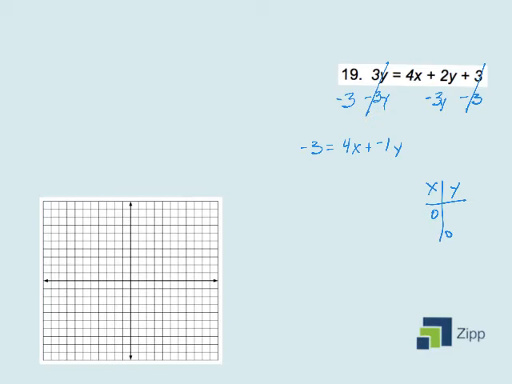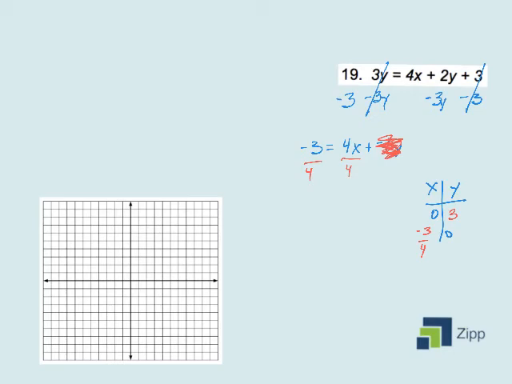Well, if the opposite of something is -3, then y must be 3. Now I'll put the 0 in for y, and that'll cause this thing to go away because -1 times 0 is 0. I'll divide both sides by 4, and I get -3/4.